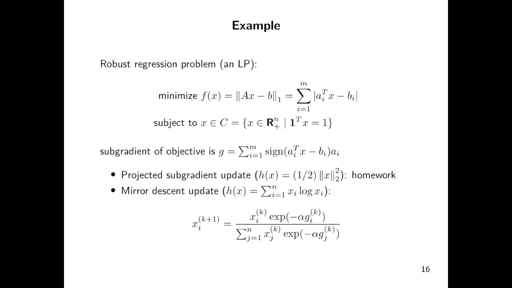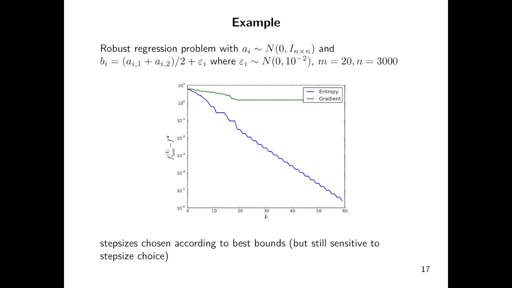So this is the linear regression problem, and you see that here I've constrained the decision variables to be over the probability simplex. Okay, and I'm going to run projected subgradient descent and mirror descent, and this is the difference. I generate some random data, and I plot the convergence rate of mirror descent and gradient descent in log scale.